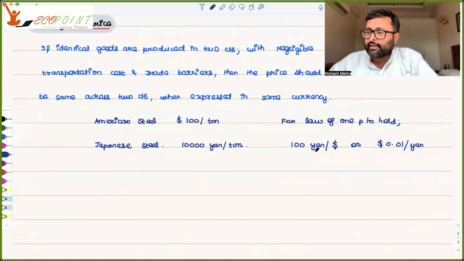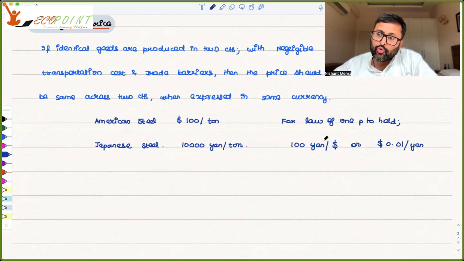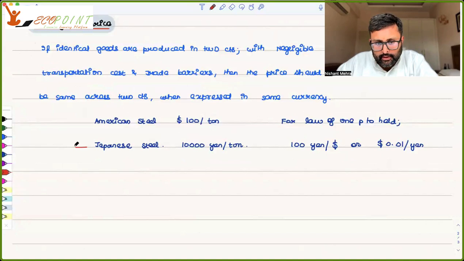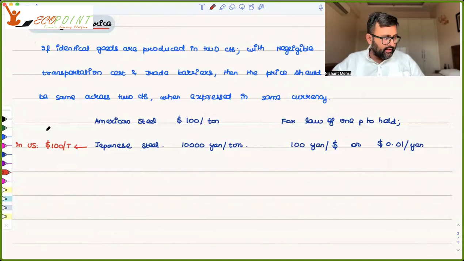Because if the exchange rate is 100 yen per dollar, then it is going to cost the same in both countries. In the US, Japanese steel is going to cost $100 per ton.